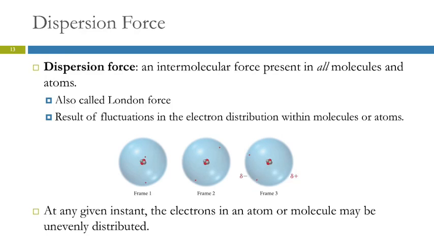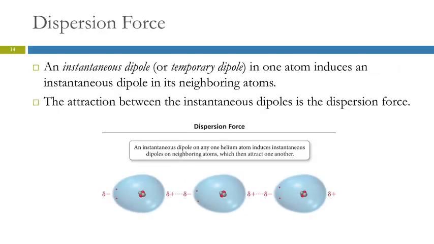So things can get lopsided, and that happens with electrons in atoms. In any given instant, an atom or a molecule can have this uneven electron distribution. So you get one atom that's spontaneously lopsided. Then this induces a dipole, an instantaneous dipole, like a polar bond where you have one side positive and one side negative.